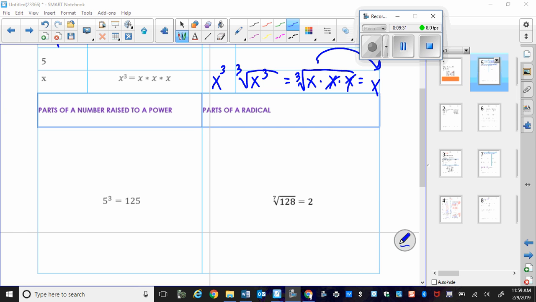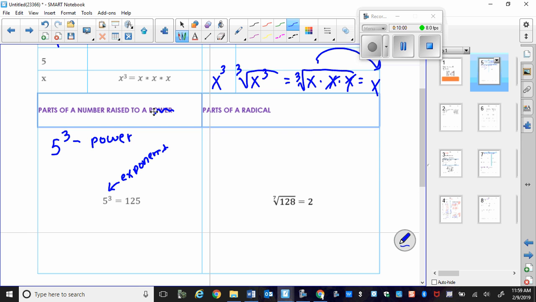So these are the parts of when you're working with numbers raised to an exponent. So technically this is incorrect. The whole thing, 5 cubed, the whole thing itself, is a power. Now the 3 is an exponent. The number that is being raised to the power of 3 is called the base.